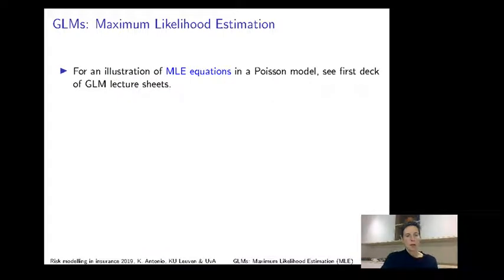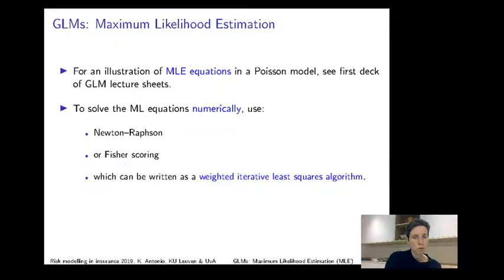Good. Now, to estimate the regression parameters in a GLM, you will use maximum likelihood estimation. This was already demonstrated in the videos covering Poisson regression. In general, you will not be able to solve the maximum likelihood equations analytically, and you will resort to numerical methods, such as Newton-Raphson, Fisher scoring.